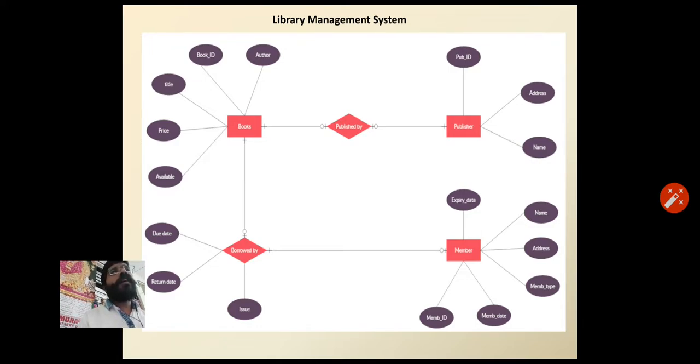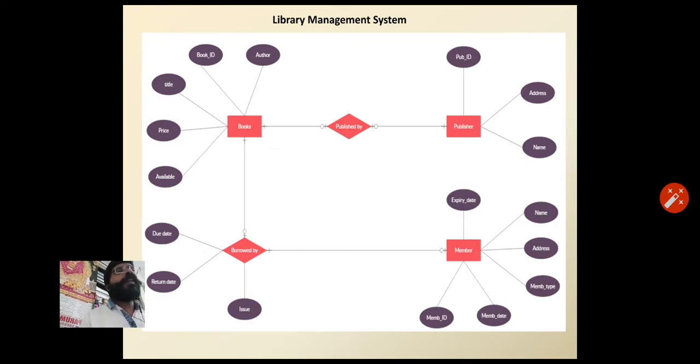The book attributes are book ID, book title, price, and availability. What are the attributes of the publisher entity? Publisher ID, publisher name and publisher address. What are the member attributes? First the member ID, second member name, member address, member expiry date, member joining date and member type.